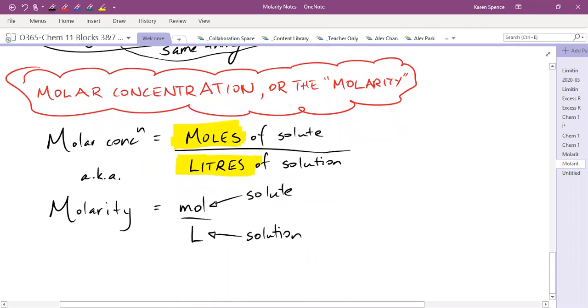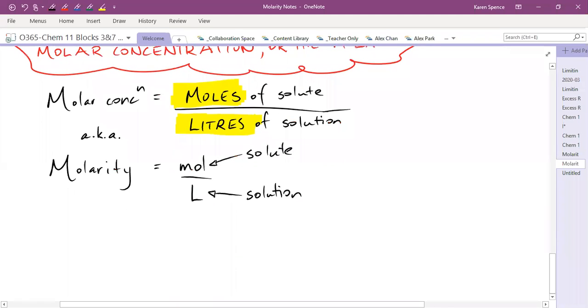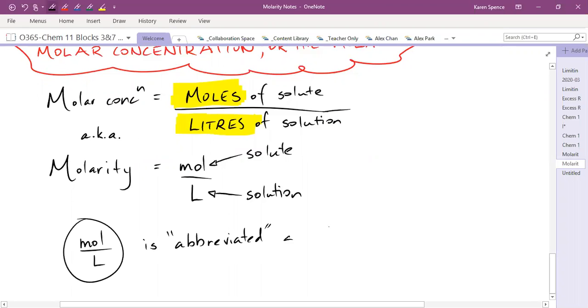Okay, and we're going to spend a little bit of time just getting used to all of our units. We can also abbreviate moles per liter as capital M. So the capital M actually means moles per liter.